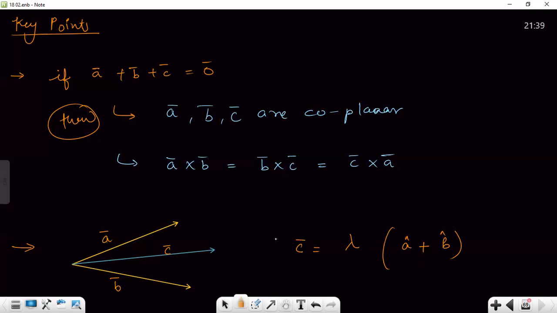Simply. Where C here is the internal angle bisector of A vector and B vector.